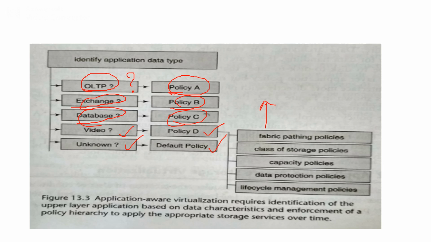So these can be automated together, and we can have a single entity, so that the entire entity will have the policies for different levels. I can say policy A, policy B, policy C, policy D, and default policy for physical interface.